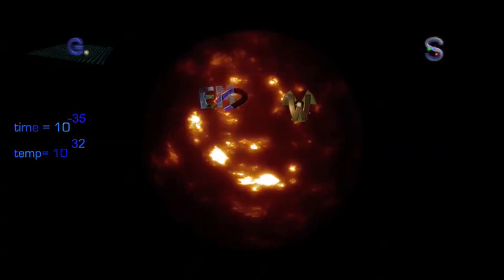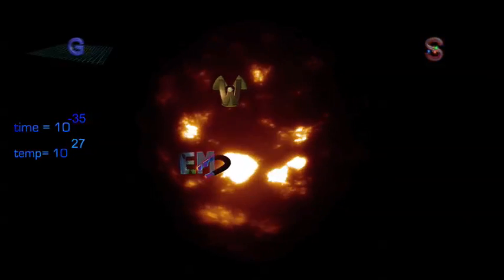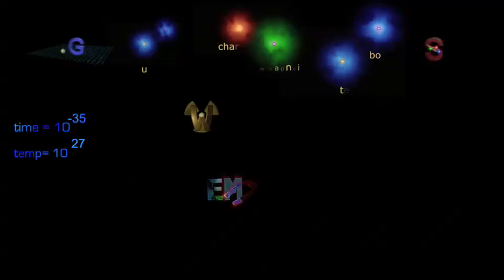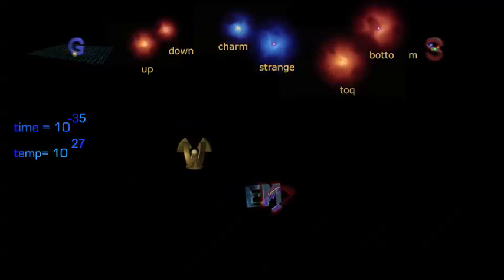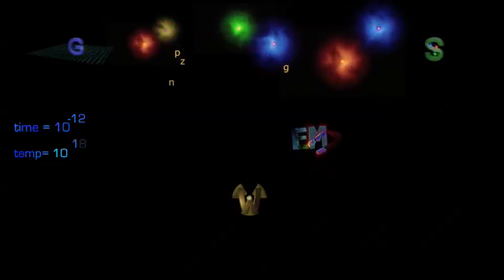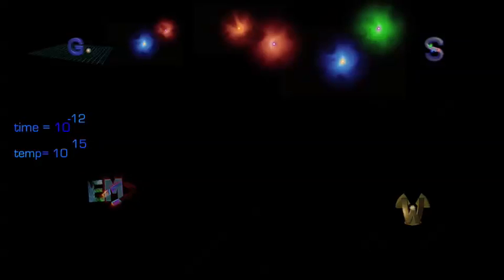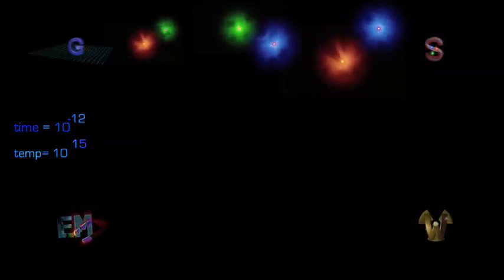This expansion and subsequent cooling down to 10 to 27 degrees allows 6 different types of quarks to form. At 10 to minus 12 seconds and 10 to 15 degrees, the weak force and electromagnetism separate, and we have the 4 independent forces we know today.